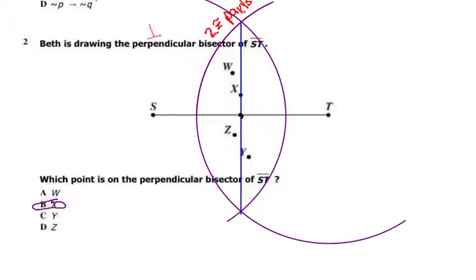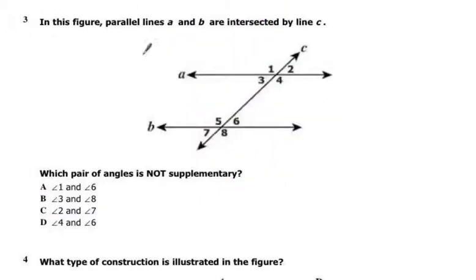All right, number 3. In the figure, parallel lines A and B are intersected by line C. Which pairs of angles is not supplementary? You can do the box method, you could do the star and triangle method. Let's do a star. What angles are congruent to angle 1? 4.